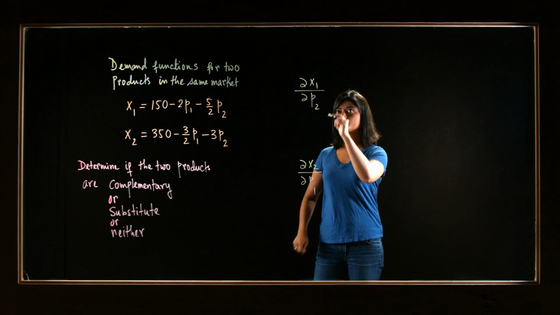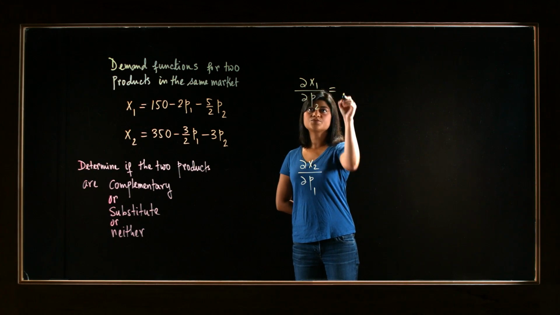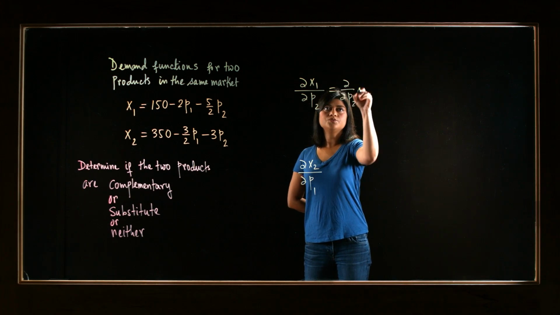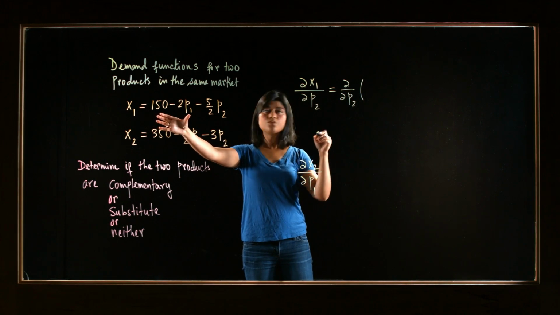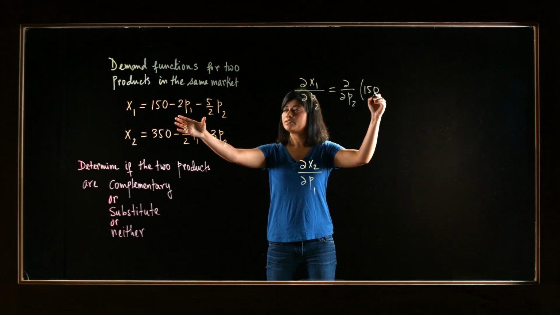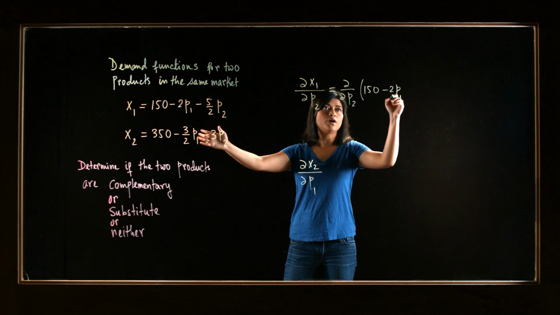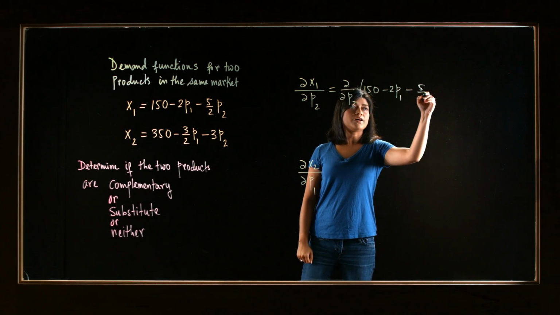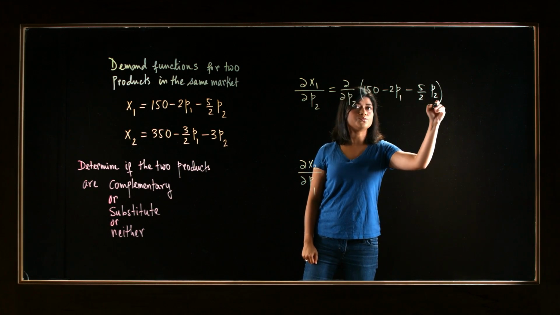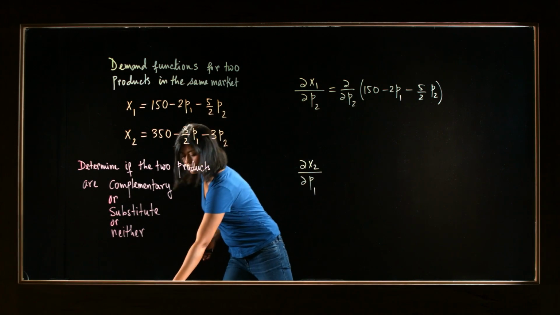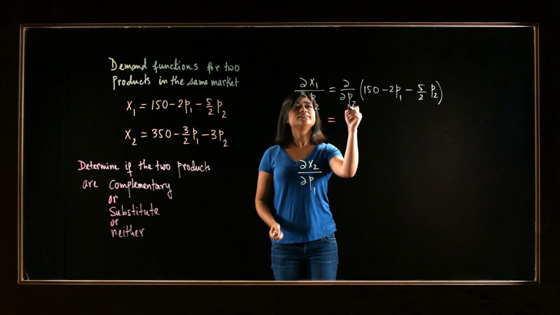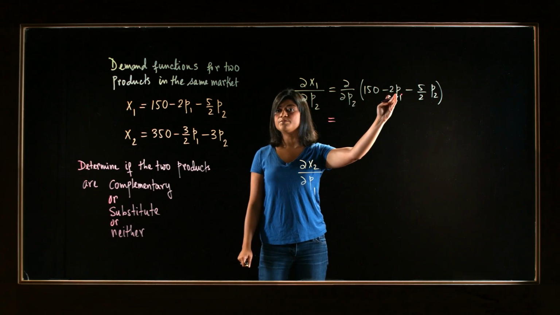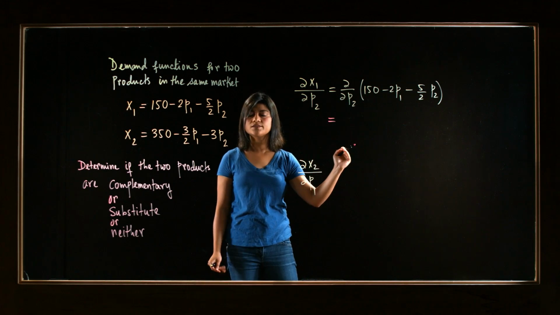What do we have? So let's compute this one first. So with respect to p2, and the function is x1, so it's 150 minus 2p1 minus 5/2 p2. Now notice that this is a partial with respect to p2, and therefore the other variable p1 is considered a constant.